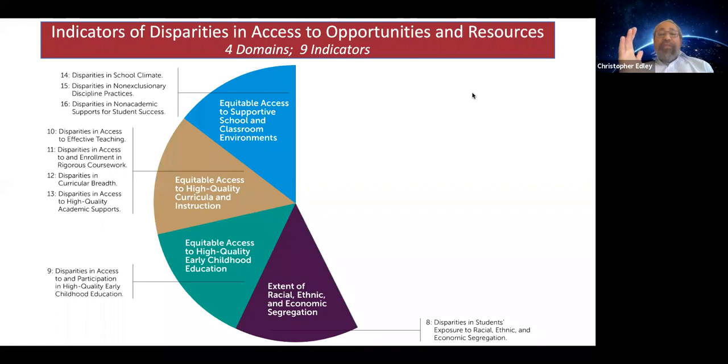Well, those were the outcome domains. Here are the opportunity or input domains. You can see that in all of the cases on both the opportunity side and the outcome side, we are focused on disparities, subgroup disparities. That's the way we think about equity.